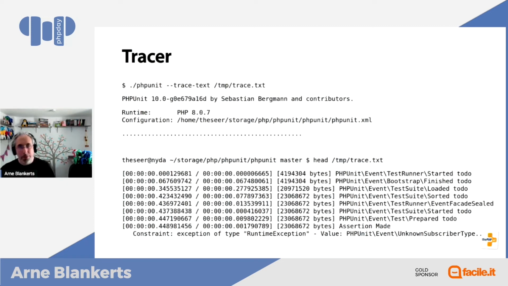Then we can seal the facade, and by then we can send off all the events that have been gathered, and from then on just directly dispatch them, so we don't actually have to consume more memory than needed to keep all the events back in memory, but we can directly dispatch them to the actual subscriber or tracer.